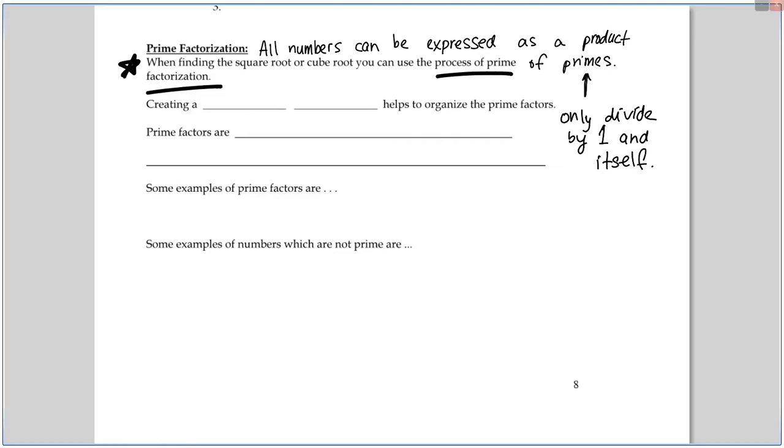So, what are all the prime numbers? So we'll just go in order. 1 is not prime. The first prime is 2. And it's the most weird prime because it's the only one that's even. The next prime is 3.